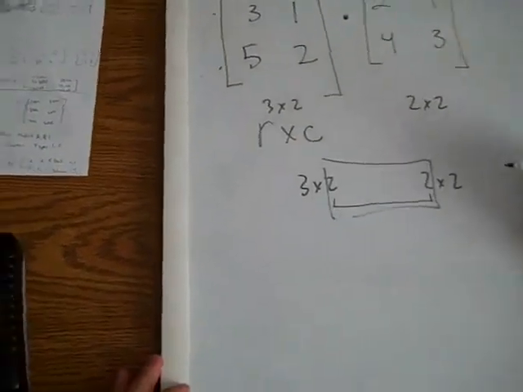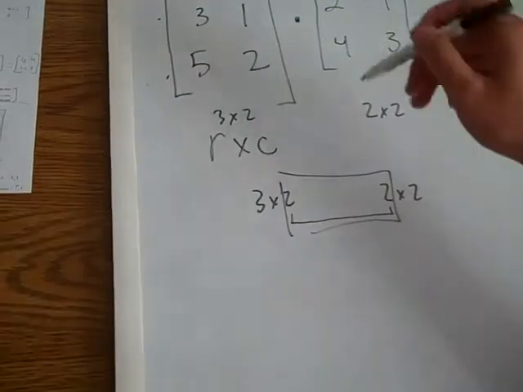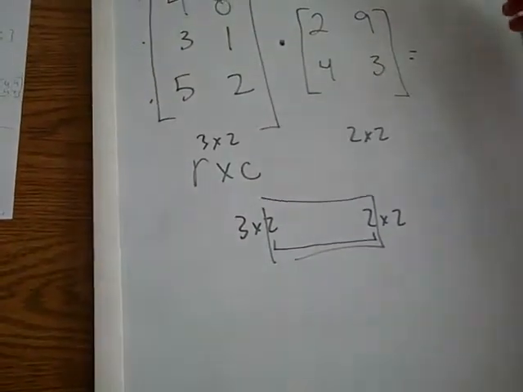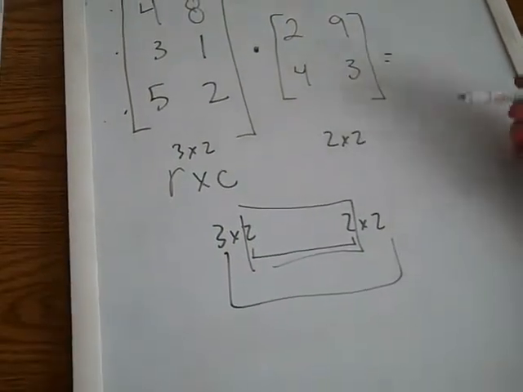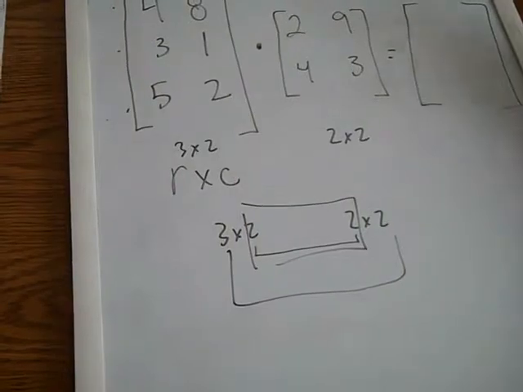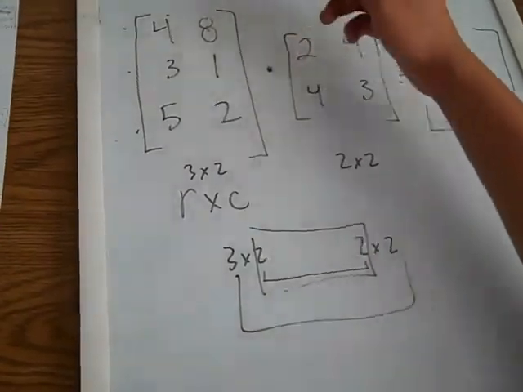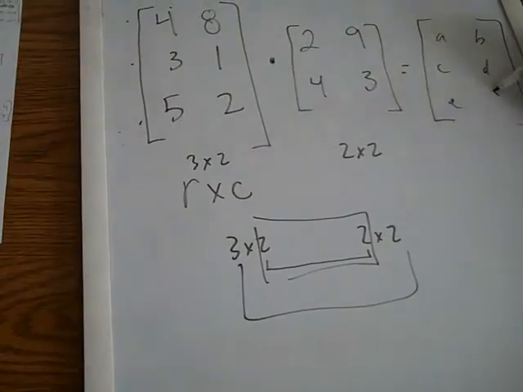So now we know they're 2 and 2, we can solve it. Your resulting matrices will be a 3 by 2, so the outside numbers. So we would have exactly the same setup as this one right here. So you would have, let's say, A, B, C, D, E, F.